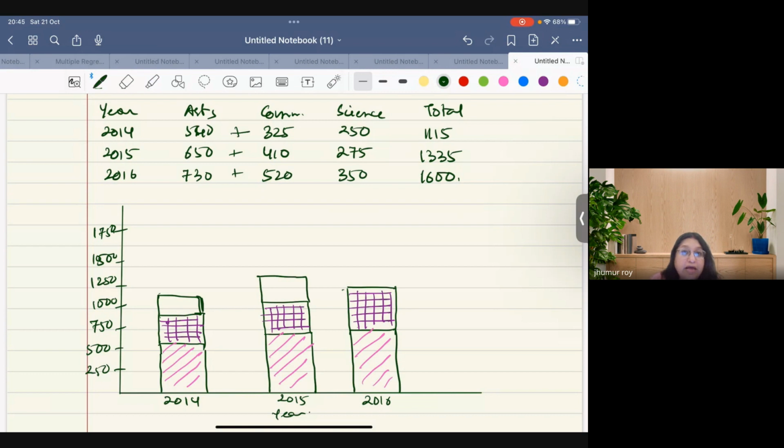And in the last case it will be 1600. So somewhere over here. Again we make a notation of some other color so that you can distinguish how it is going.